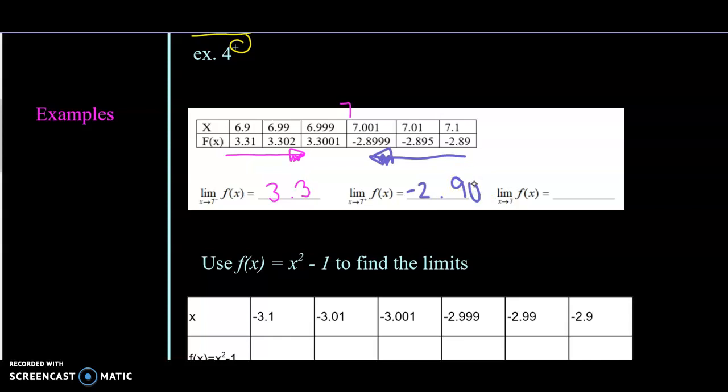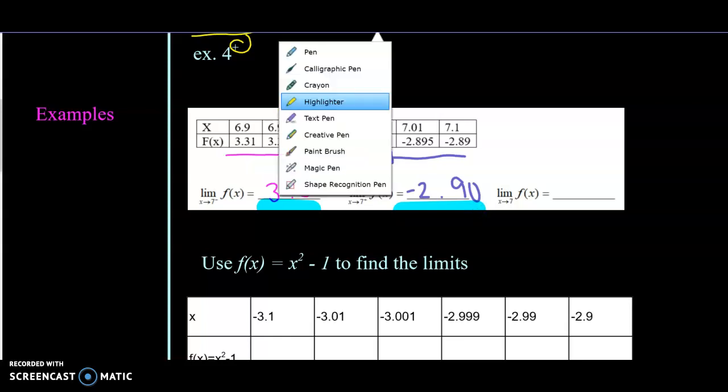Now what we're going to look for is if these two are the same, then there's a limit as x is approaching 7. Are they the same? No, they're not the same. They are different.